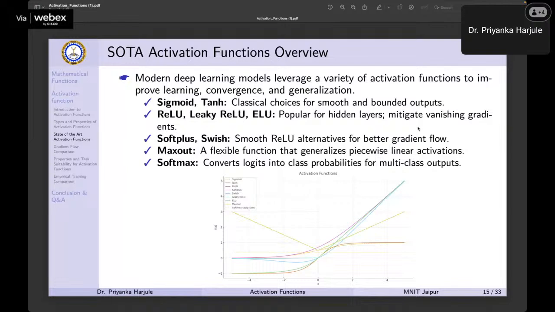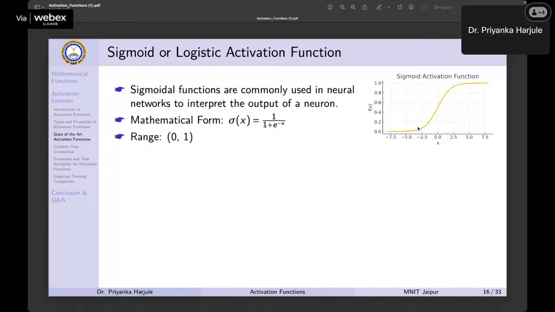No, ma'am. Okay, so what I was saying is these are some modern activation functions which are used in deep neural networks. And now we will look at all of them one by one. So first is the sigmoid activation function.